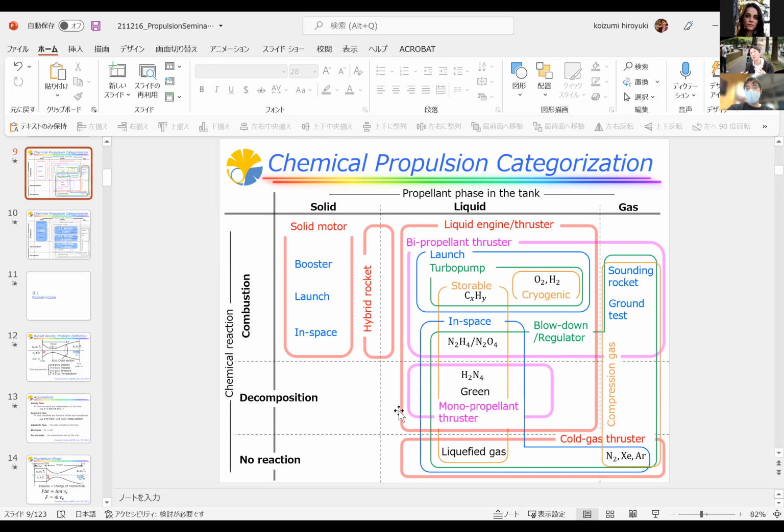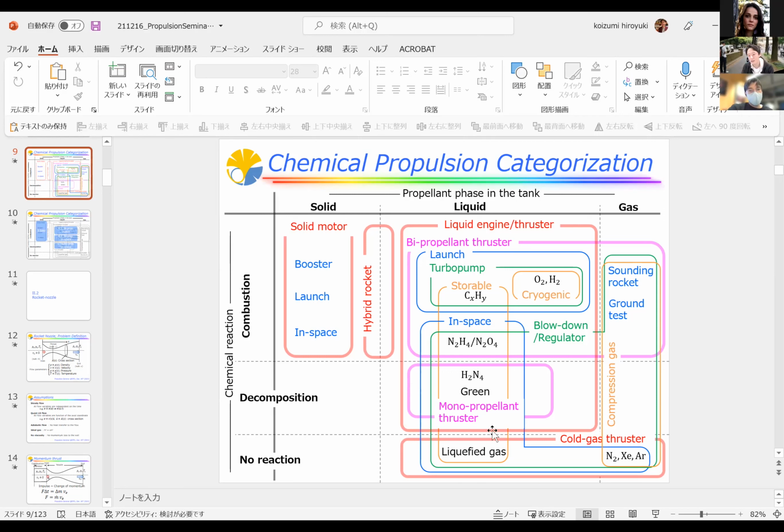In this case, there is a very high weight demerit, but the system becomes very, very simple. We can avoid the development of the turbo pump, and it's very nice. Depending on the development of electric motors and batteries, it may become more popular, I think.